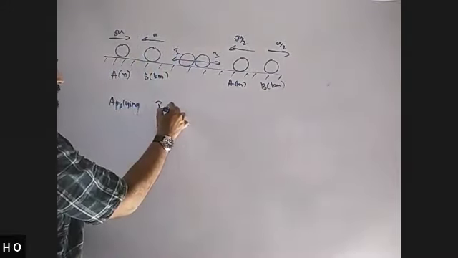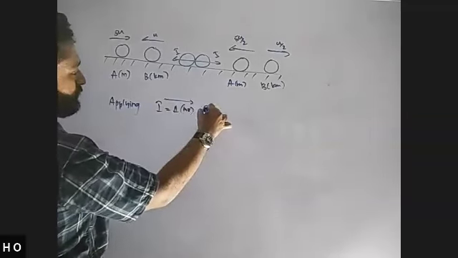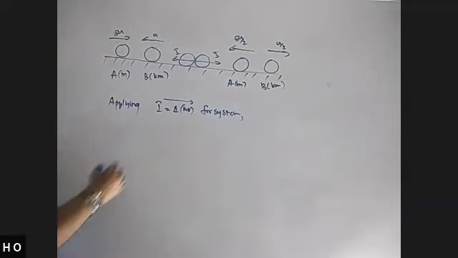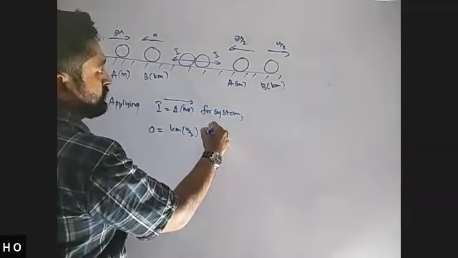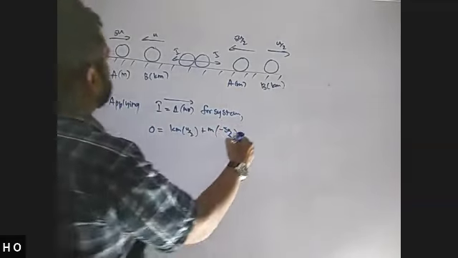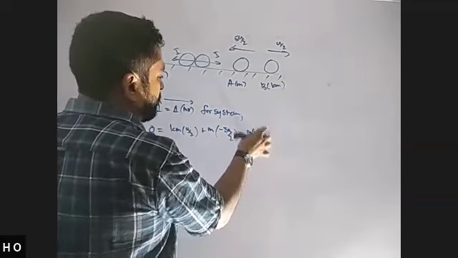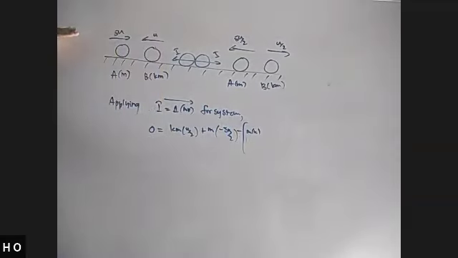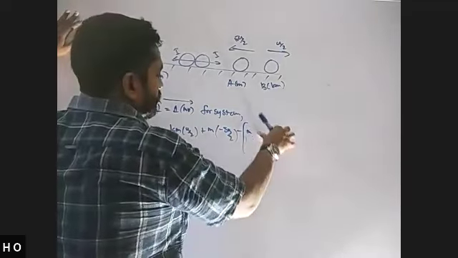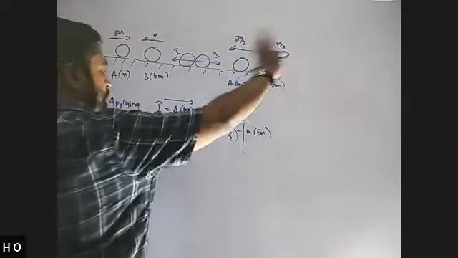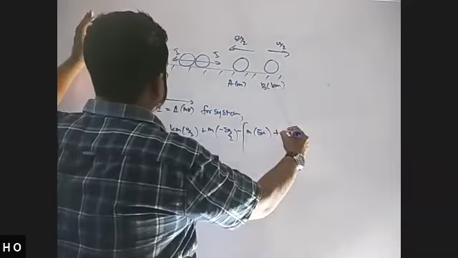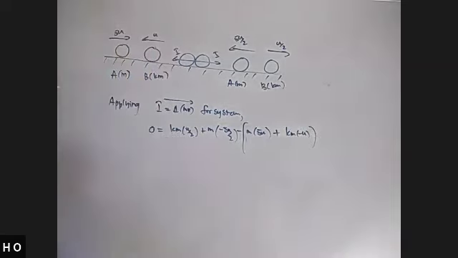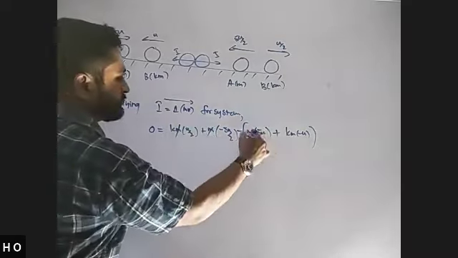So let us apply I equals delta mv for the system. 0 equals km into u by 2 plus m into minus 5u by 2, minus m into u, minus m into 5u, so plus m into minus u. Hopefully the m's you can cancel out.